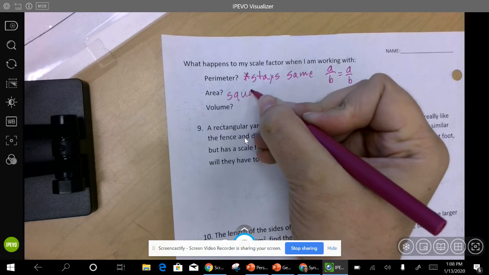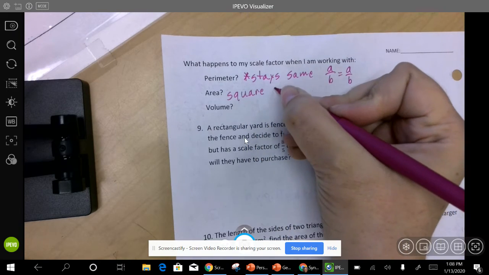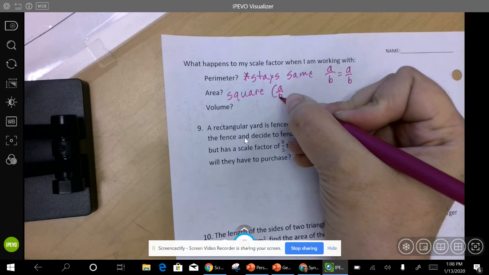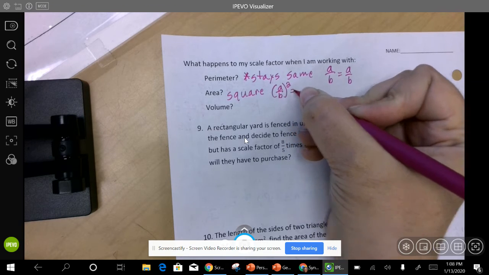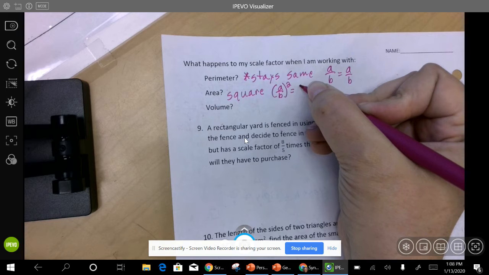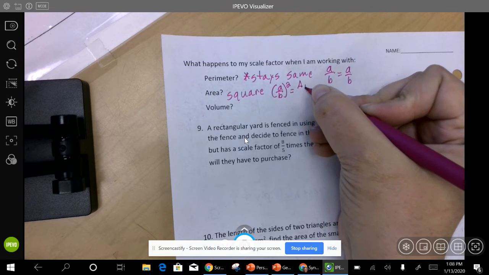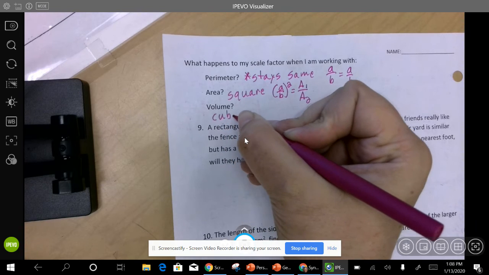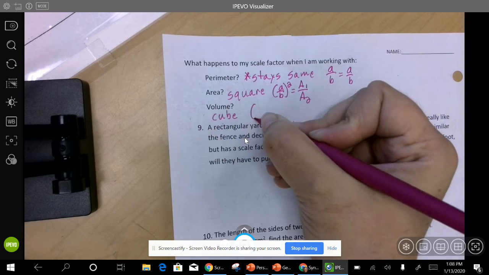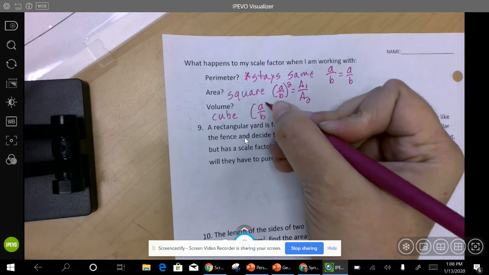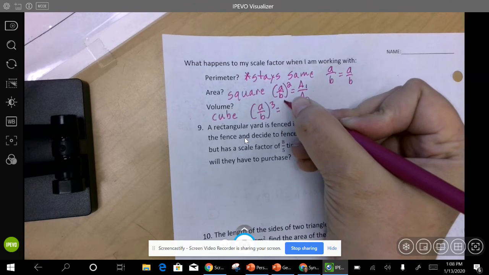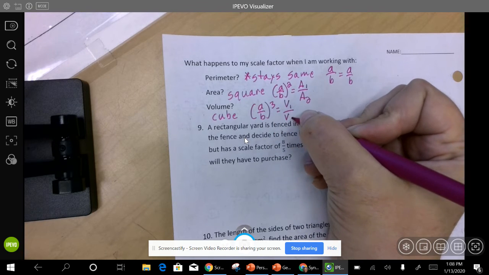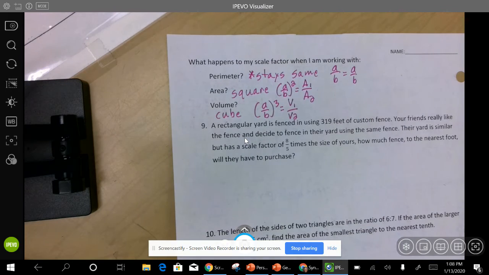Area, remember area, square area, we gotta square it. So we have to square our dimensions, our length and our width. And volume, we gotta cube it. I always think of it, remember volume, we cube it, 3D.